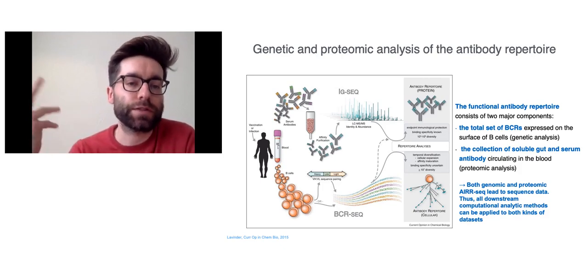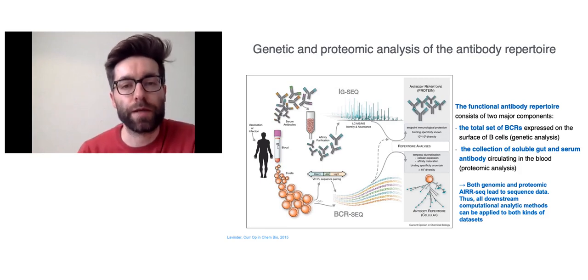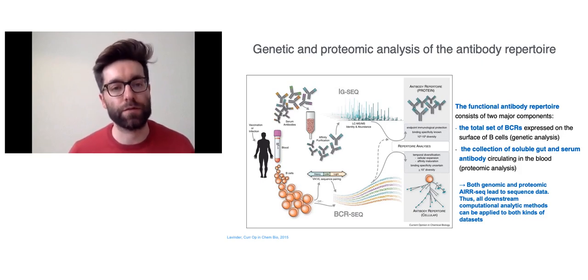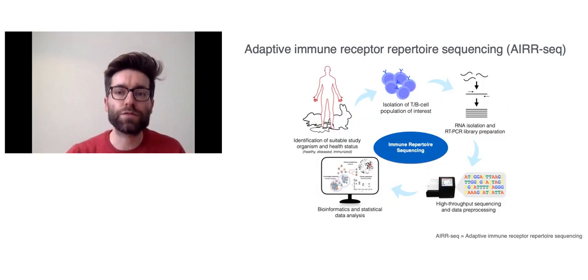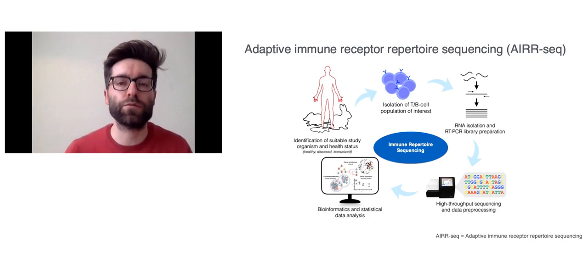And this is also still an up-and-coming field, I would say. So there haven't been a lot of papers that actually marry the genomic side and the proteomic side of the immunoglobulin repertoire analysis. So this is just a side comment. But we will mostly focus on immune receptor sequencing.